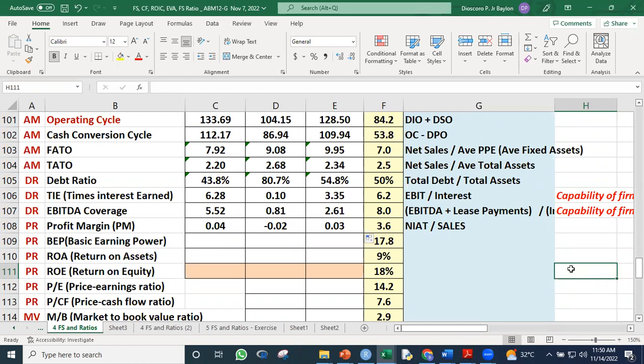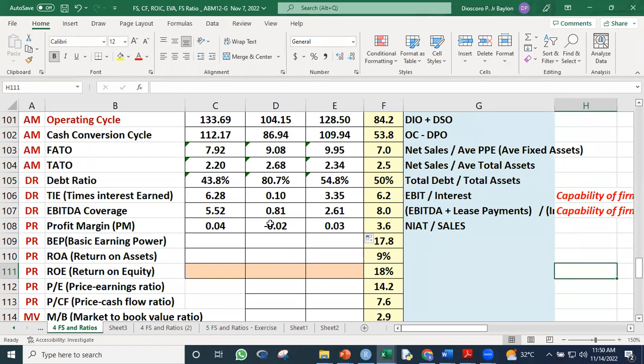And then naka-recover nung 2021, sa bawat 100 peso na sales, the company was earning 4 centavos, 0.04. So in terms of trend analysis, okay naman, nag-i-improve yung performance ng company.